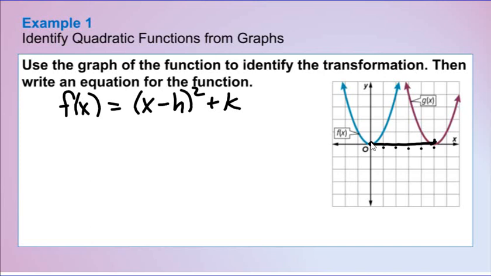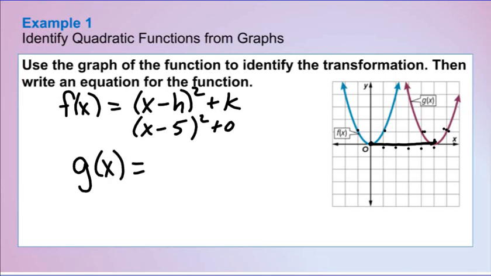It didn't go up anywhere, so we would have a plus 0. It went to the right 5, that means there would be minus 5. The dilation, there is no dilation because it stayed the same at 1. So we would say g of x is equal to x minus 5 squared.